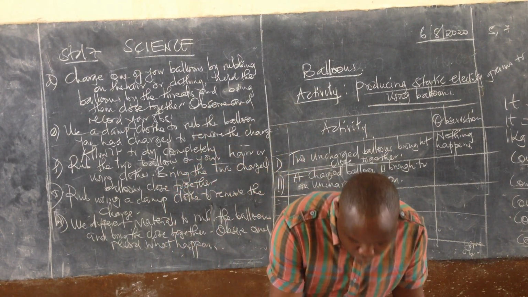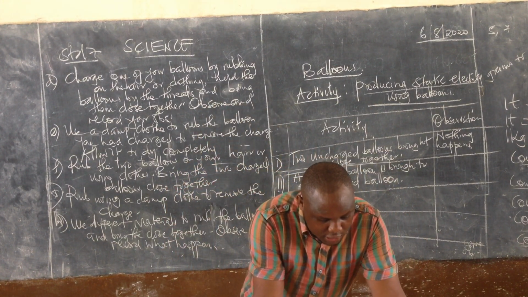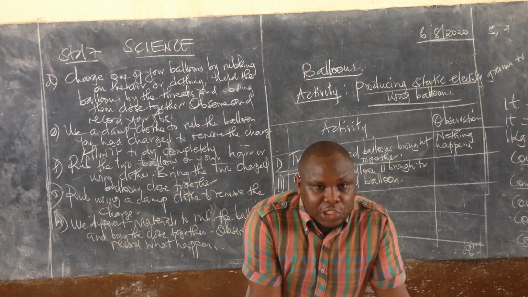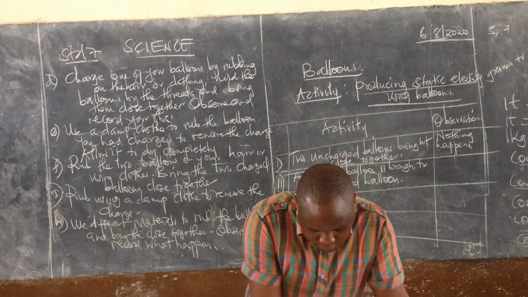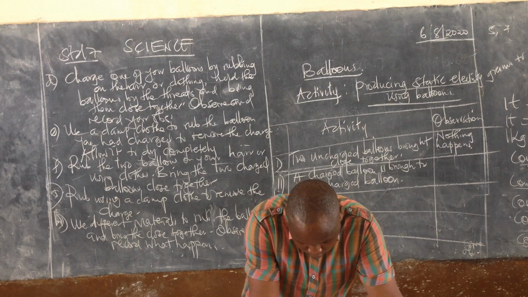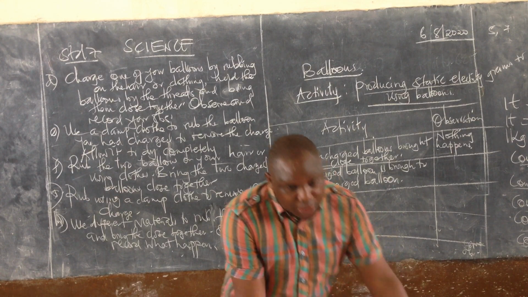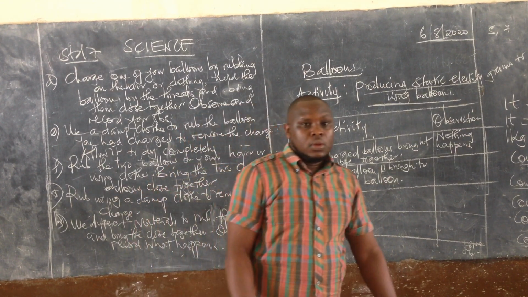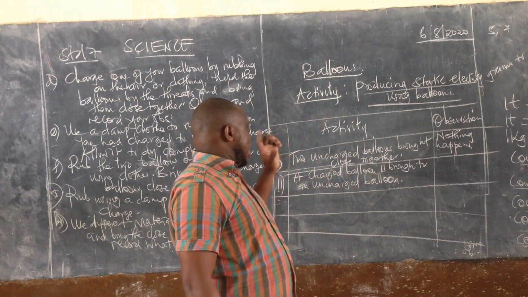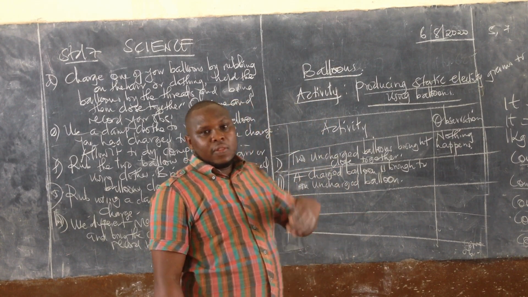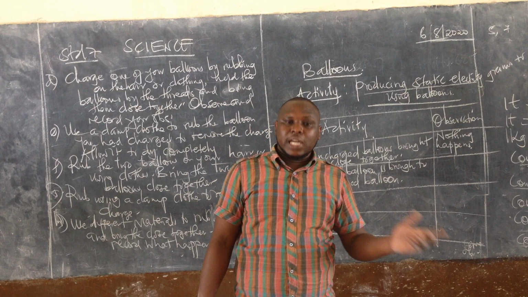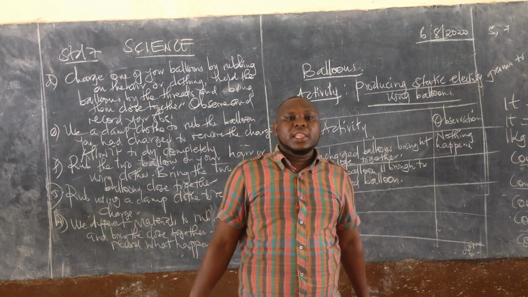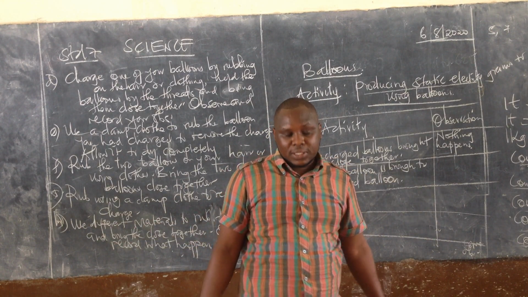So when a charged balloon is brought to an uncharged balloon, what happens? If one balloon is charged, the other one is not charged, and you bring them together, what happens?